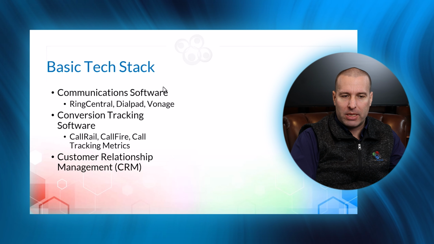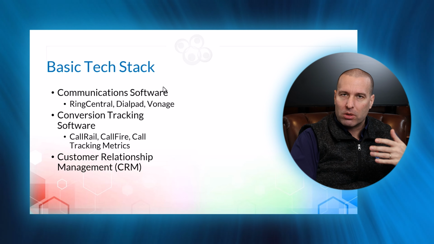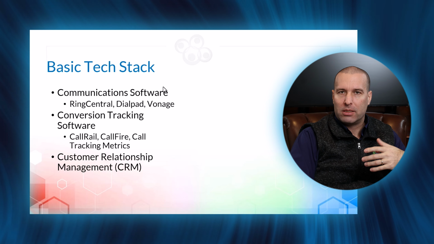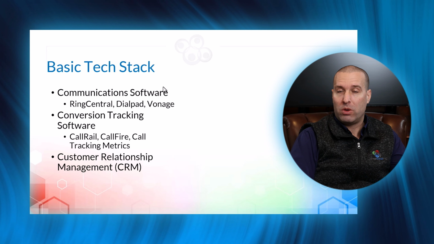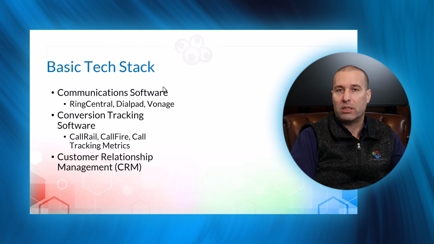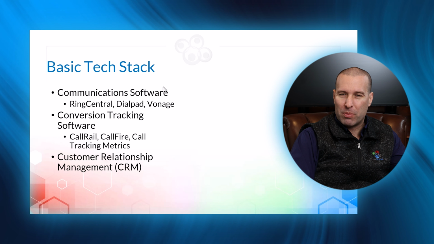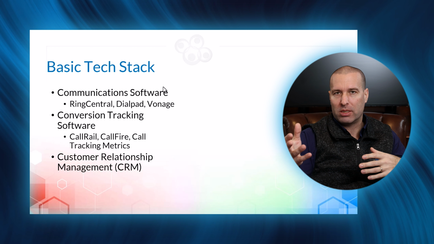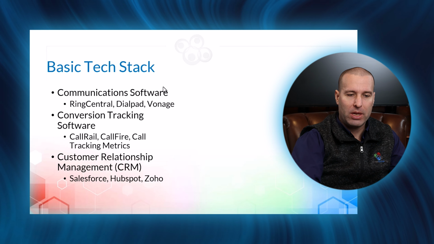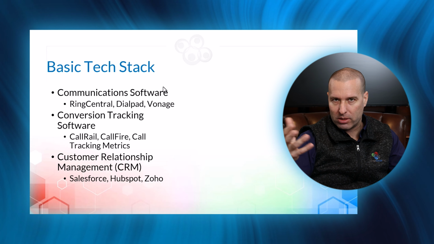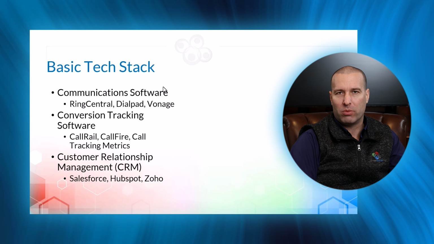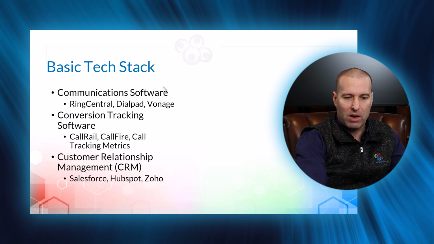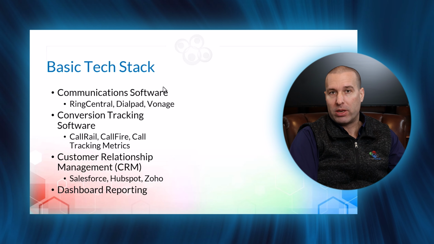But when you look at something like your RingCentrals or your CallRails, they're not necessarily going to have the detailed notes that you would want in a customer relationship management software, or something that other people are able to access across the organization and provide reporting details. So those examples are Salesforce, HubSpot, Zoho are some pretty popular ones that a lot of individuals use and that we often recommend.